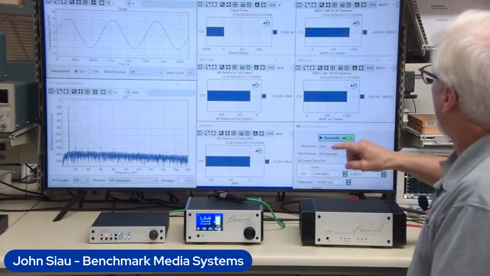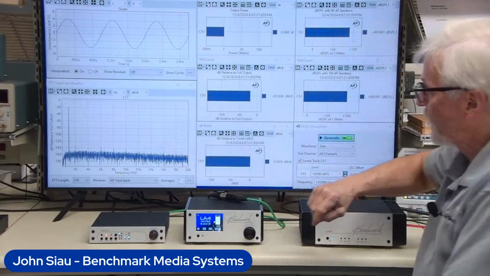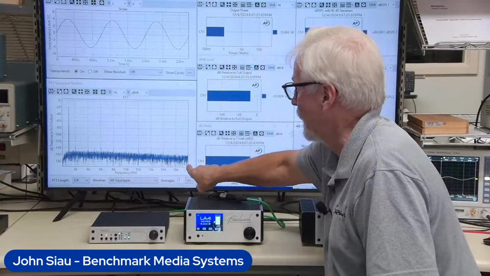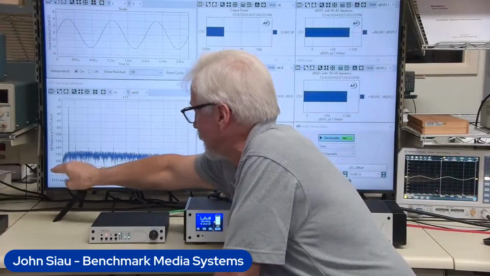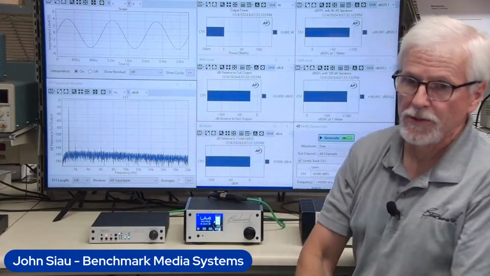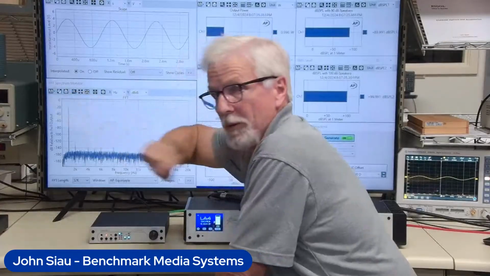And over here, I have an FFT, which is a frequency display. I've got 20 kilohertz here and 0 hertz down here. This vertical line is my 1 kilohertz tone. You can see it's 20 dB below full output right now.